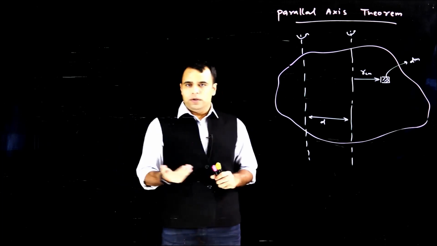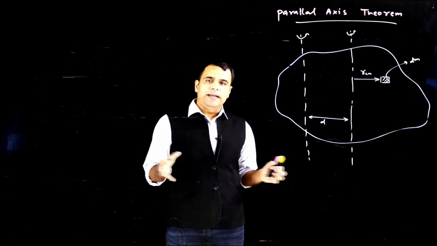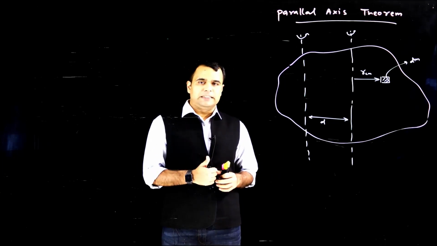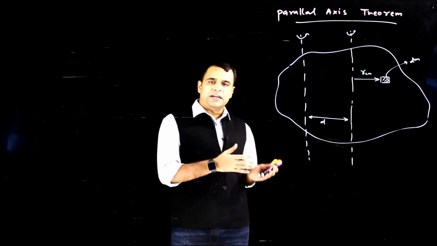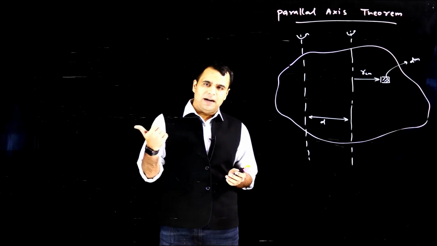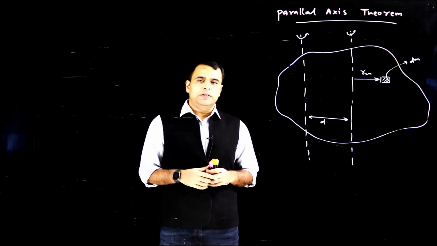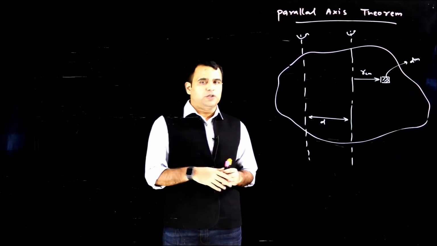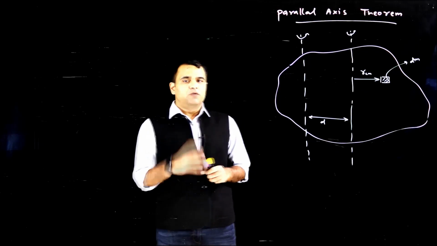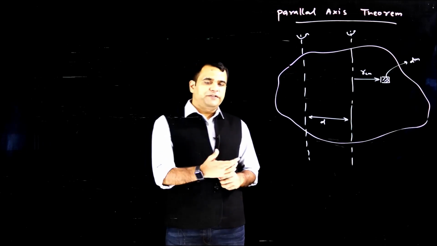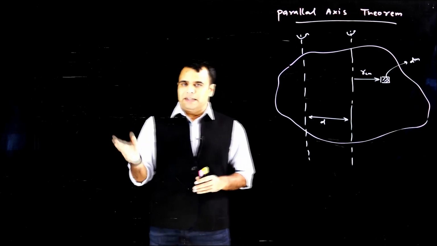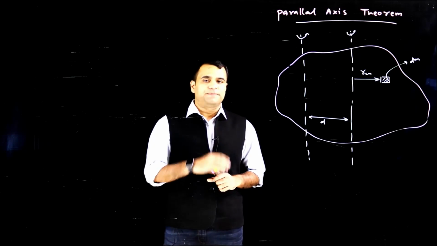So what we do is, corresponding to the different bodies, about some specific axes, we calculate the moment of inertia and we memorize them. So we have the moment of inertia for a point mass about an axis, for a rod about one or two axes, for a ring about one axis, for a disc also, for a cylinder also, for the hollow sphere and the solid sphere also, corresponding to one axis each.